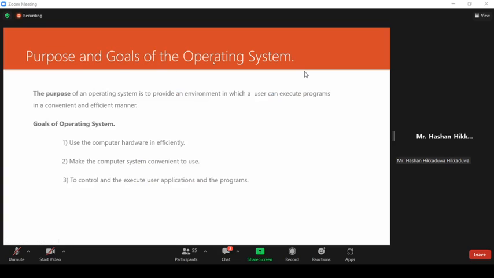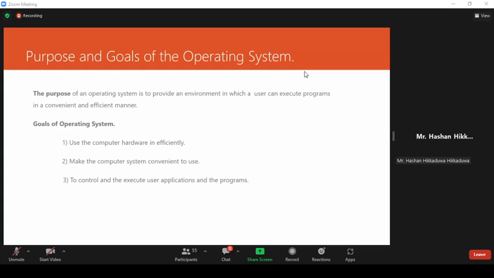Then the purpose and goal of the operating system. The purpose of an operating system is to provide an environment in which a user can execute programs in a convenient and efficient manner.